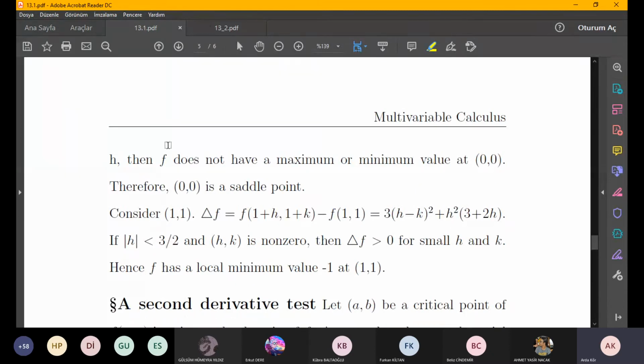So that means (0, 0) is a saddle point of the function.